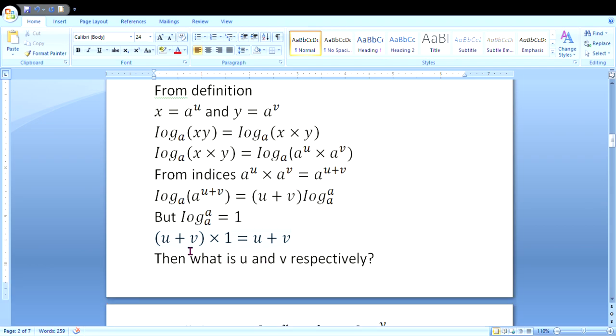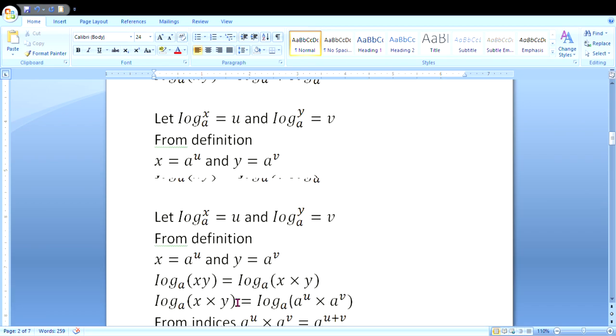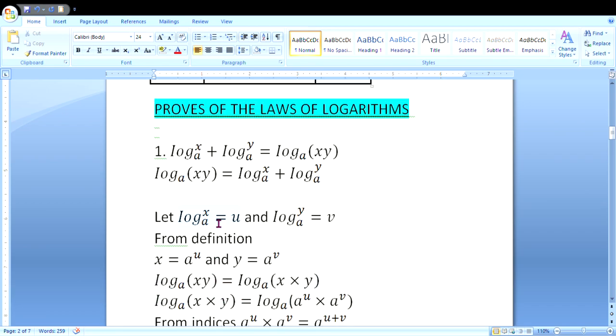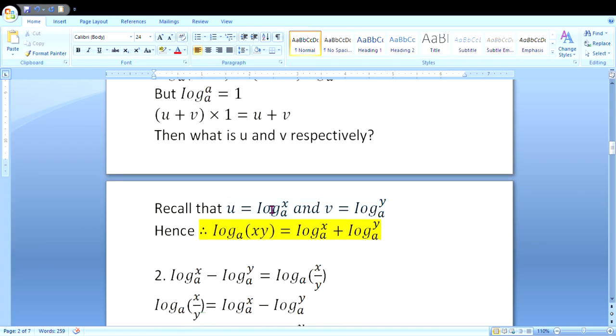That means u plus v times 1 is equal to u plus v. But what are u and v initially? We said let log x to base a be equal to u, and log y to base a be equal to v. So if we substitute this back into our equation, you see that the left hand side is equivalent to the right hand side. So that proof is shown.